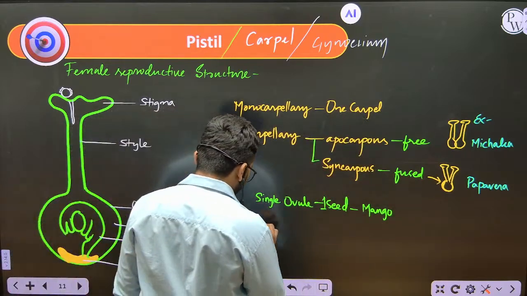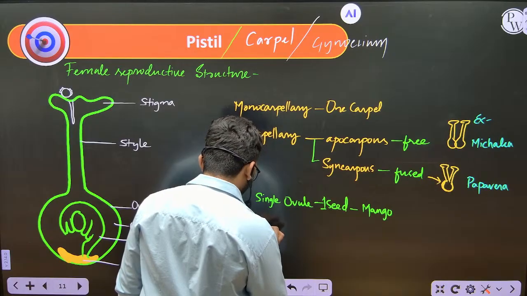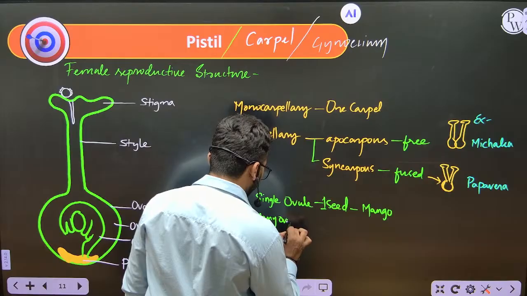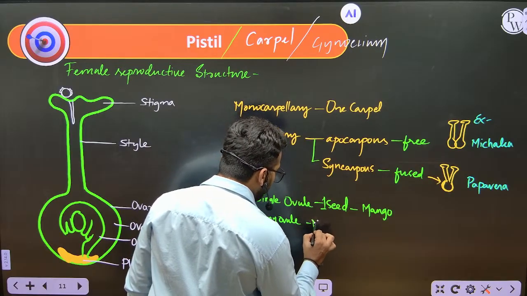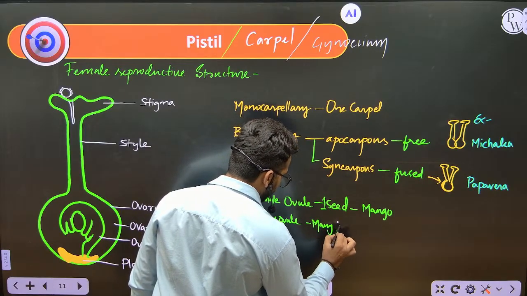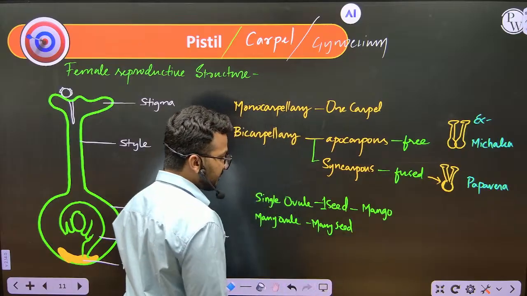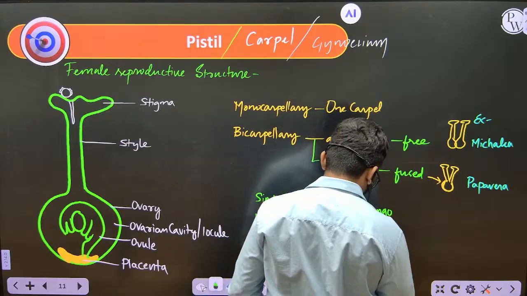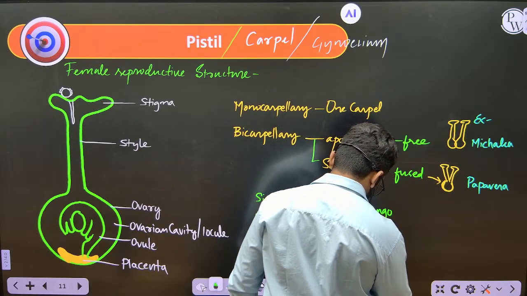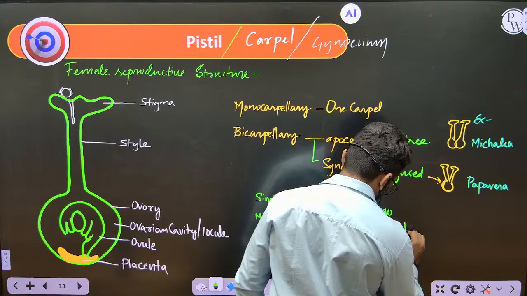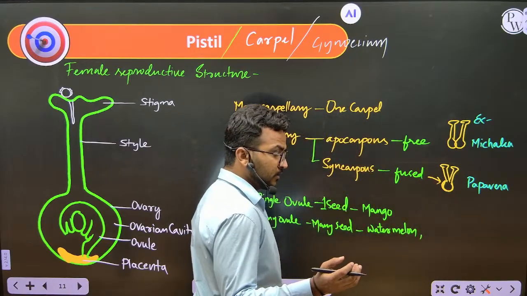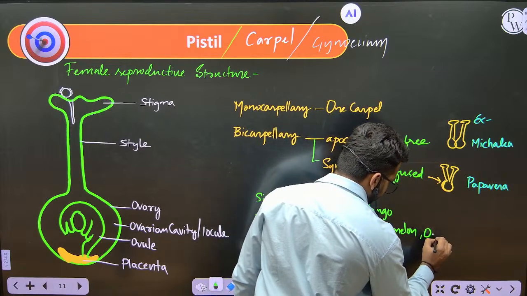Many seeds or many ovules is the other case. Many seeds are found. Example like watermelon, and even orchids also is given.